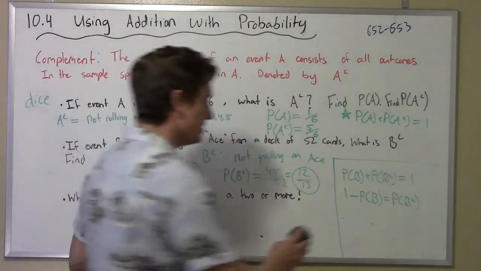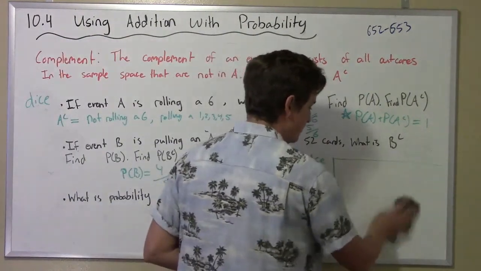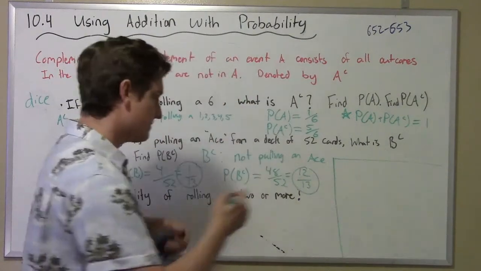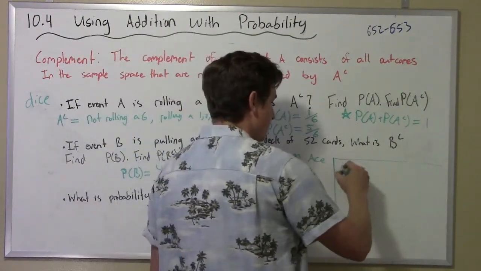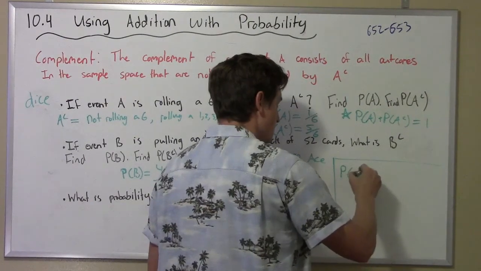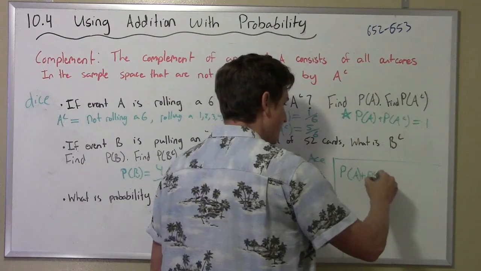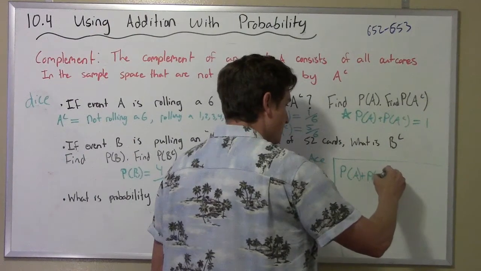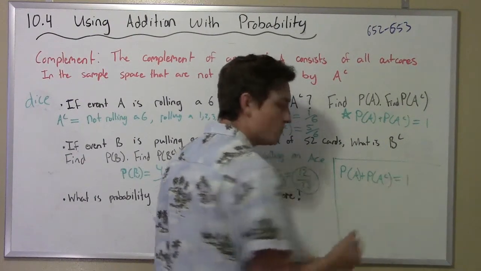Now in your book, they write this 3 different ways. So I'm going to write this out so you can have the same kind of thing. They use A's, of course, so the probability of A plus the probability of A complement equals 1. That's one way to write it.